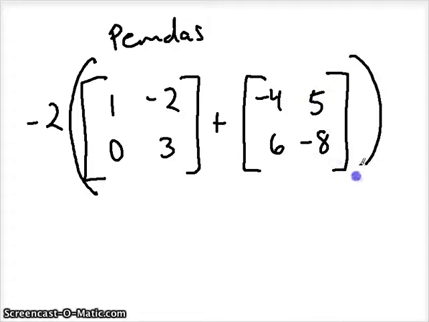PEMDAS still applies, just the same as it would anywhere else. So we would have to do inside the parentheses first. That means we're going to do our addition of our matrices first. So we'll leave that scalar outside for a minute.